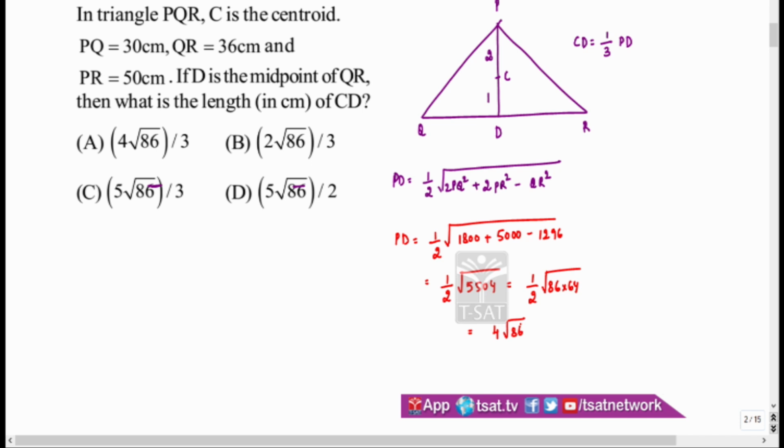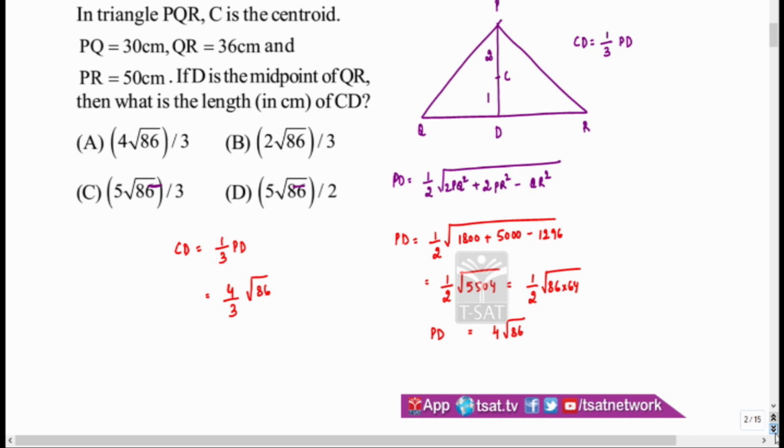This is not CD, this is PD. But we need to find out CD. CD is 1/3 of PD, which is equal to 1/3 into 4 root 86. So the answer is 4 by 3 root 86.